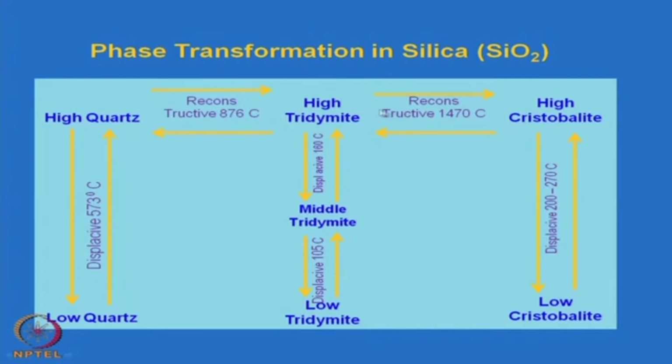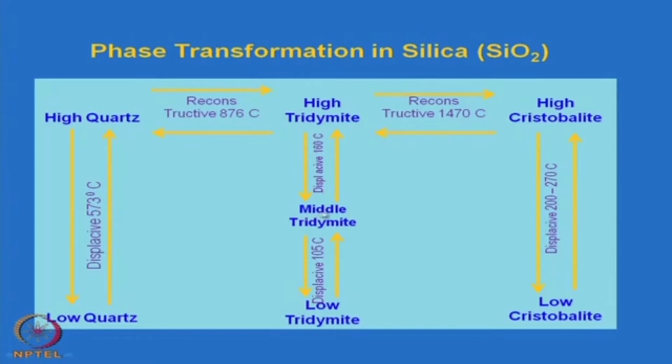If heated still further, this transformation takes place around 876 degrees centigrade, and then around 1470 this goes to cristobalite, and beyond that, of course, silica melts at around 1710 degrees centigrade.